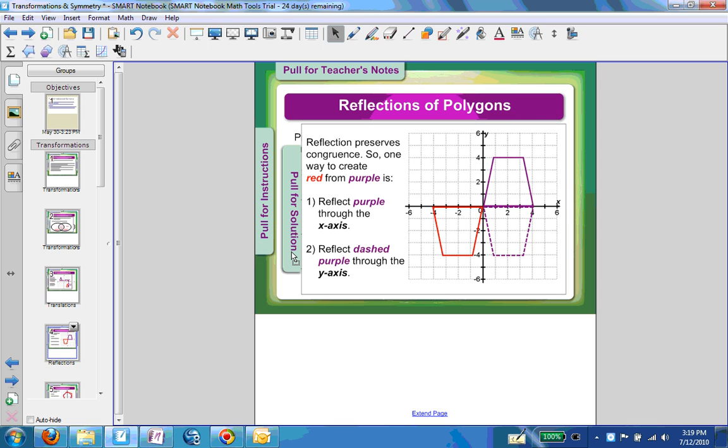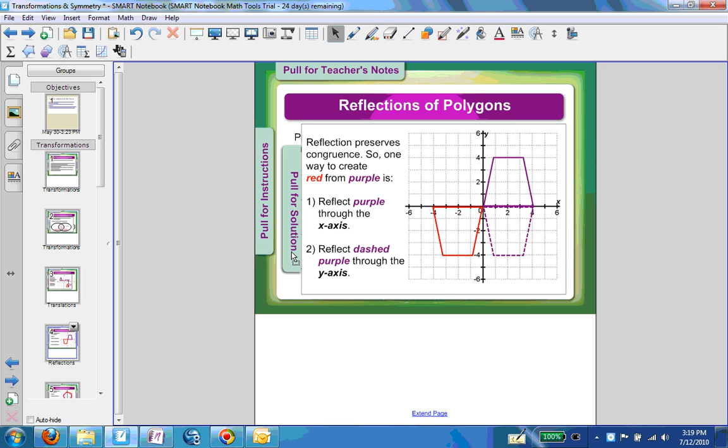Then we're going to move all of these vertices over the same amount, so you can see it as a translation, or you might also notice that this is a reflection as well over the y-axis. So that's how they describe it, reflect the dashed purple through the y-axis.